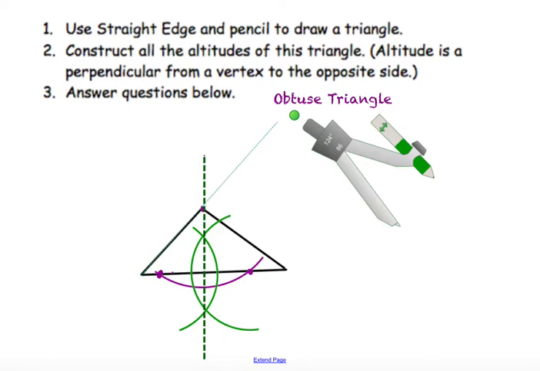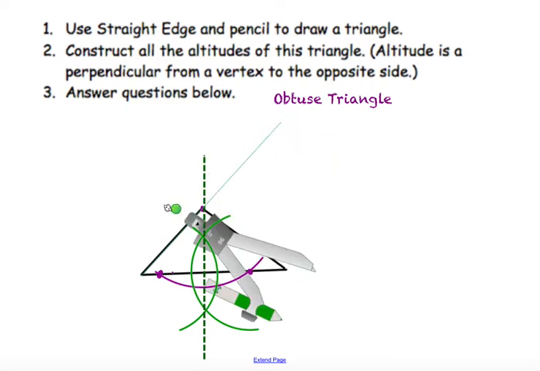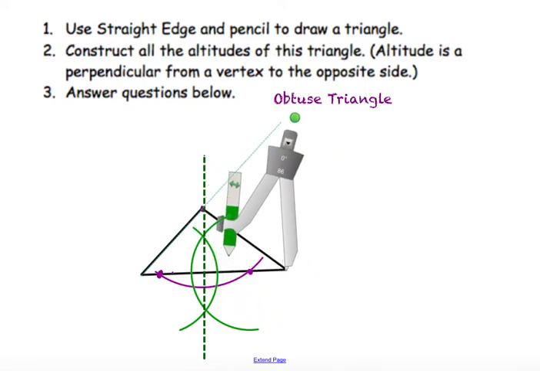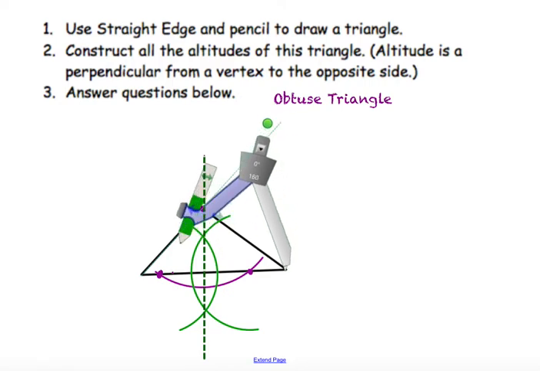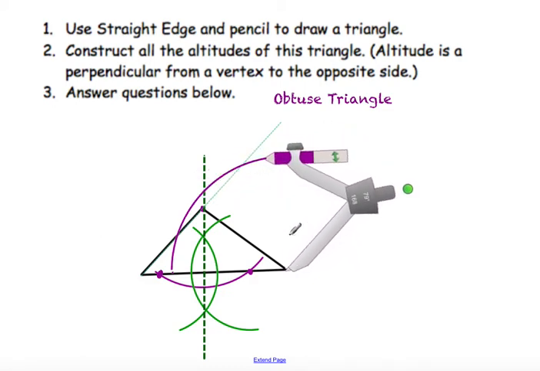So I'm going to extend this side with this very light dotted line, and I'm going to go from the angle on the right here and I'll have to line this up, and I'll have to make it wide enough to cross through the side across from it, because we're going to do the first thing, which is to create that segment that we're going to be drawing the altitude from.